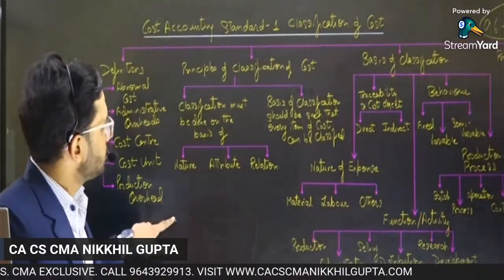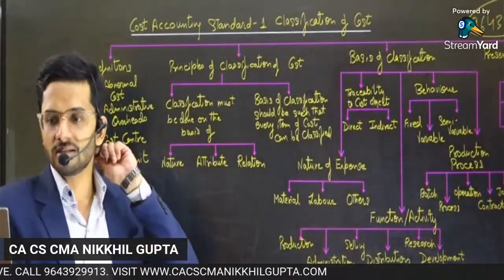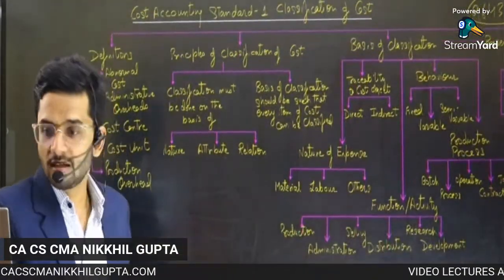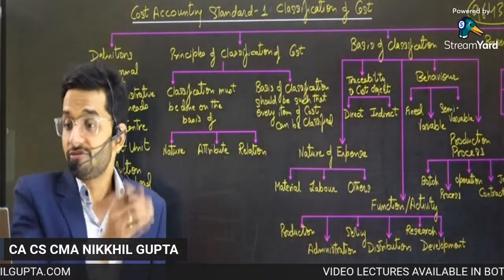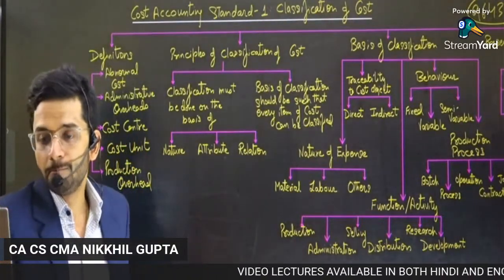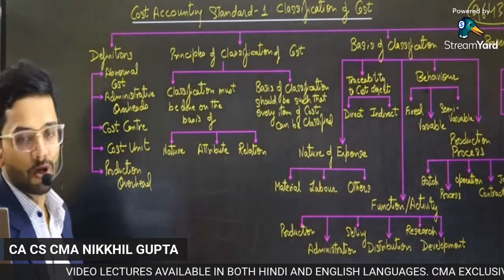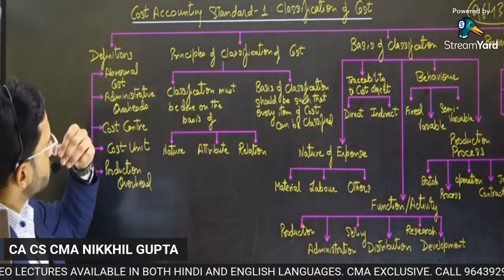For cost accounting standard 1, I've covered the entire standard in this particular chart. You can take a screenshot and draw this chart in your register, and one day before the examination, if you read this chart, you'll be absolutely through. So what are the parts that we are going to study in cost accounting standard 1?